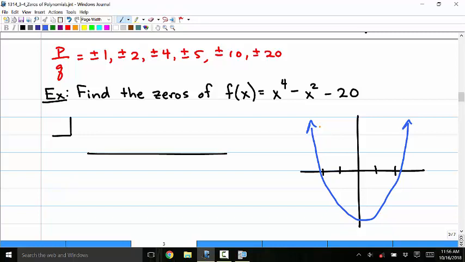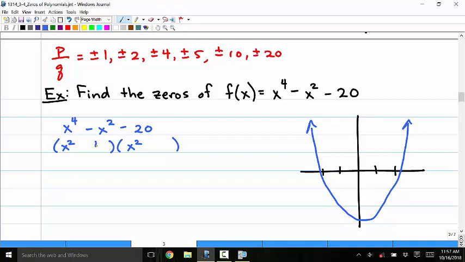Do you recognize that that polynomial is quadratic in form? It factors. And I'm going to tell you that this polynomial, x to the fourth minus x squared minus 20, factors to what? 4 and 5.